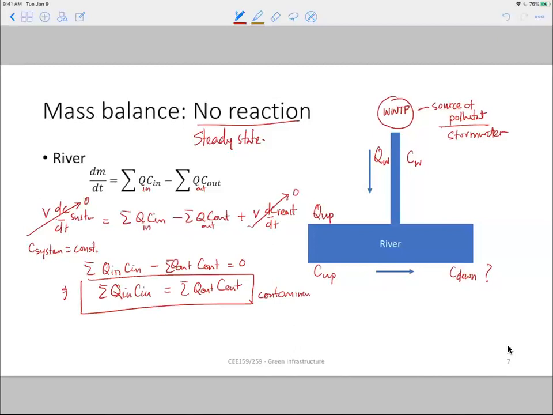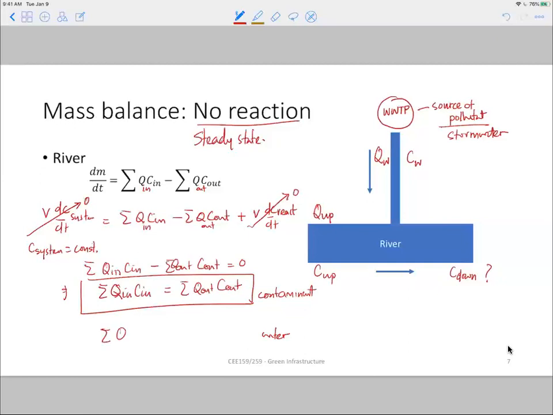What about the mass balance equation for just water? Well, if we have two streams coming in, the volume delivered into the system will be combined, and the outflow will be the sum of the inflow. So for water, if you do the mass balance equation, just simply take the concentration out.